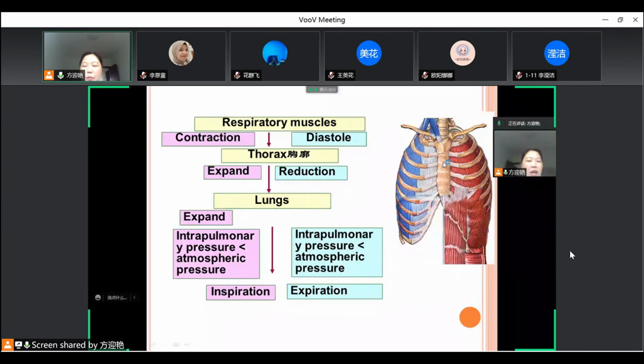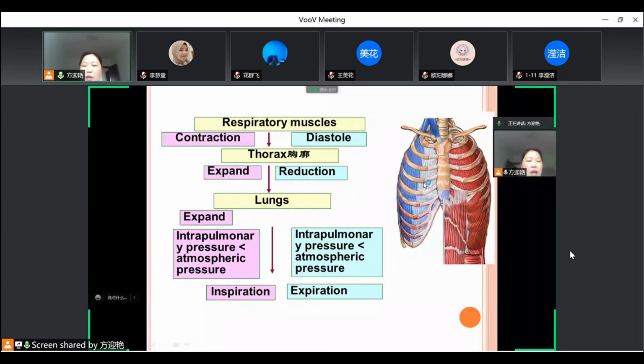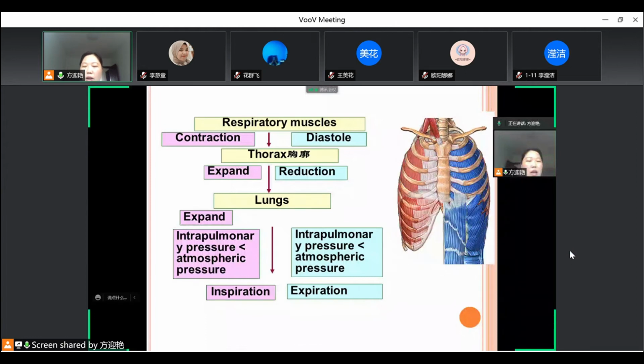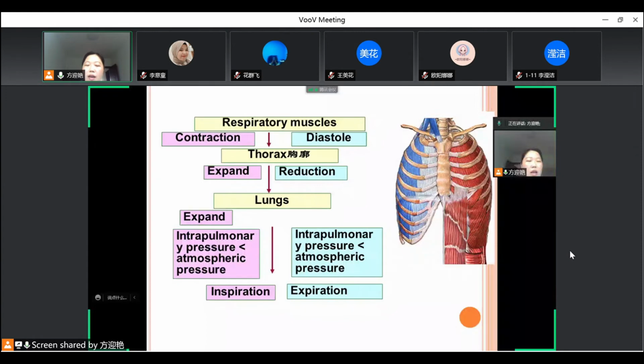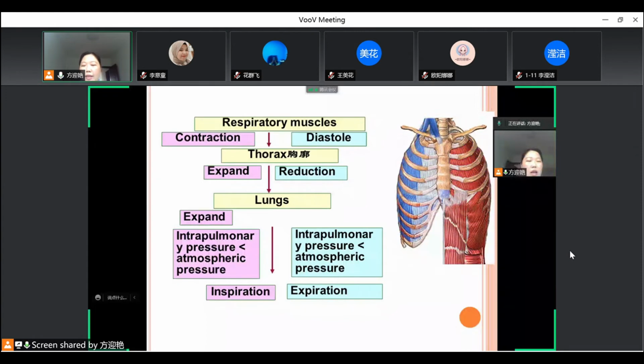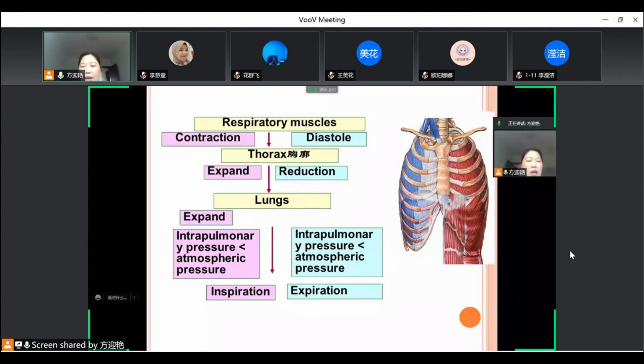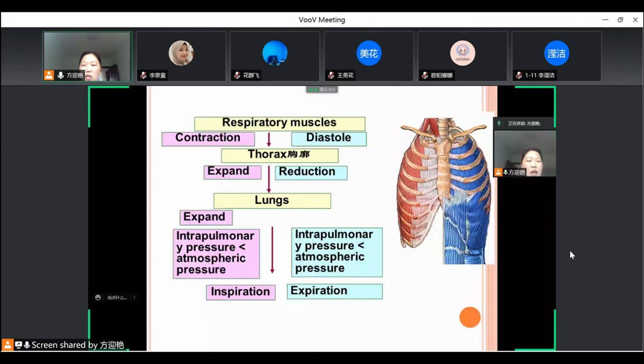See here, the thorax expands, and then the lungs expand. The lungs expand and then the intrapulmonary pressure decreases below the atmospheric pressure, and then we can see the gas, the oxygen, goes into the lung.